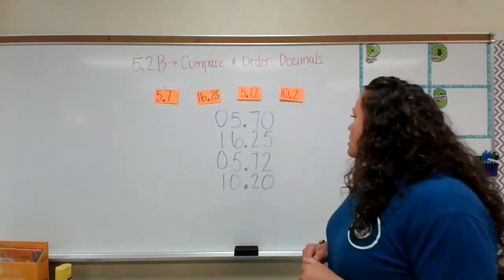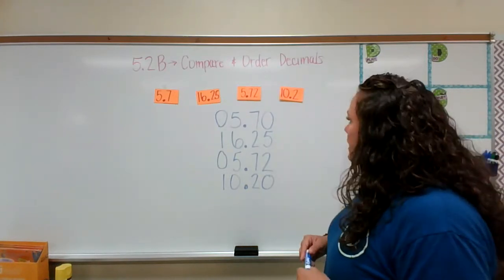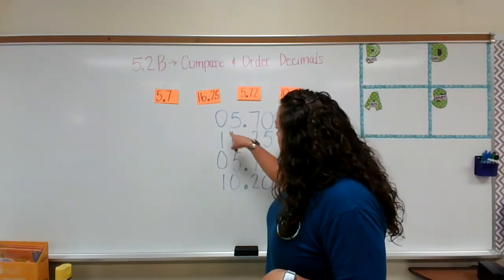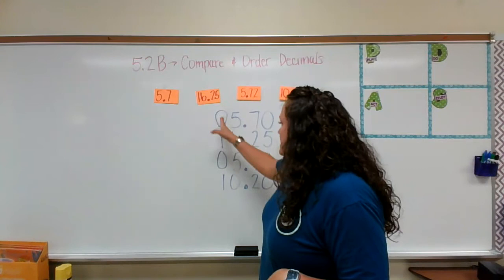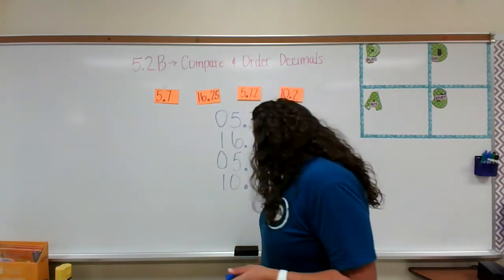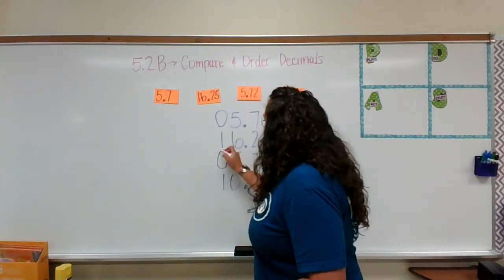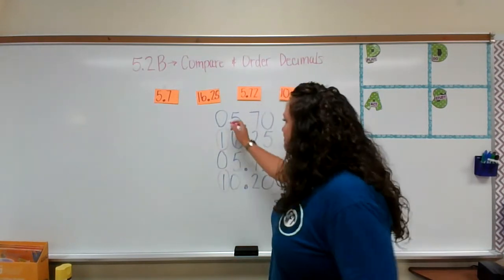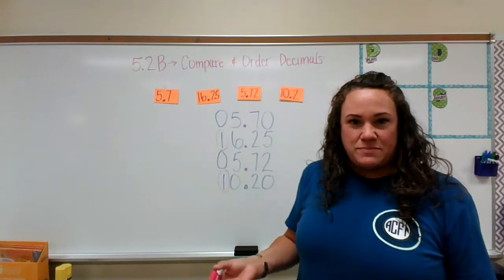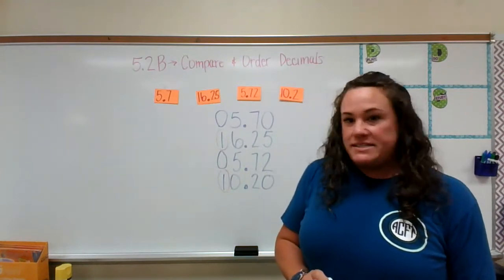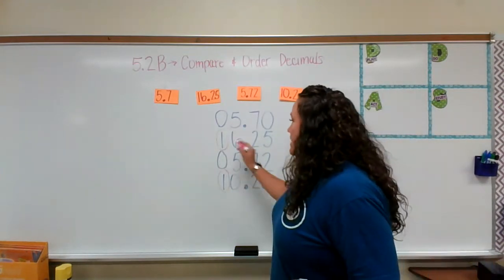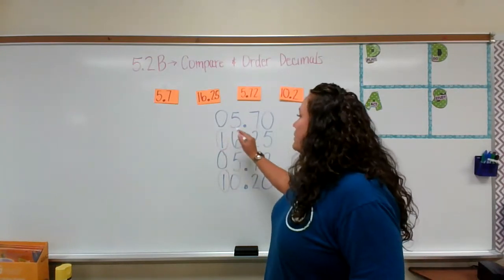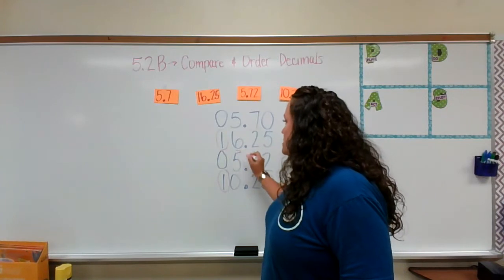Let's look at our numbers. Let's start in the tens column. You have a 2, a 1 here, and a 1 here. We can't make any decisions just based on the tens, so now we have to go over to the ones column.